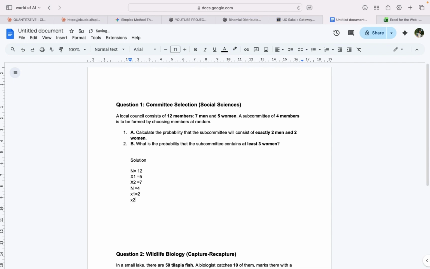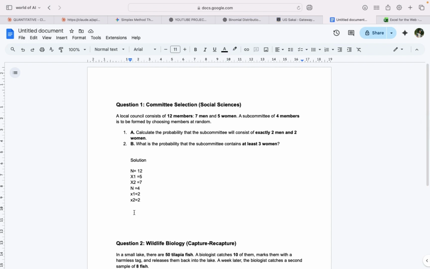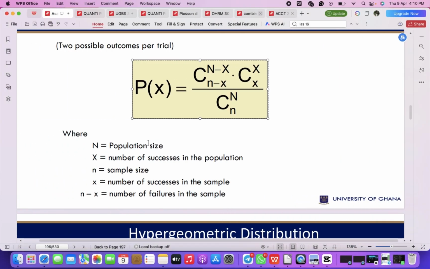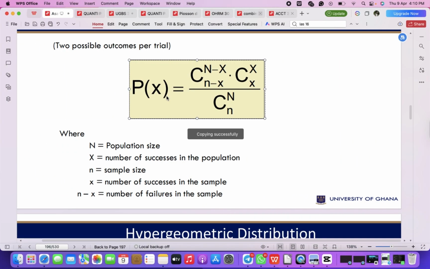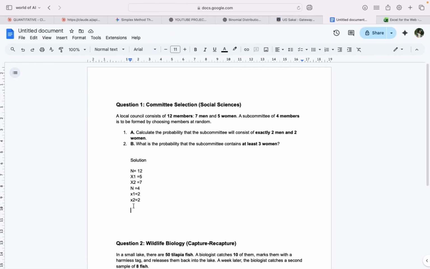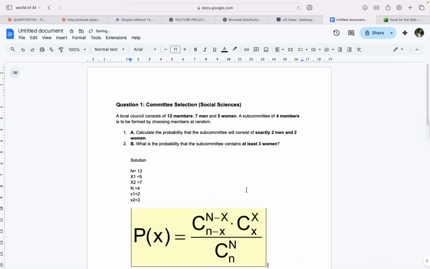So x2 will equal 2. So now we have to bring our formula. What's the formula? How does it say?